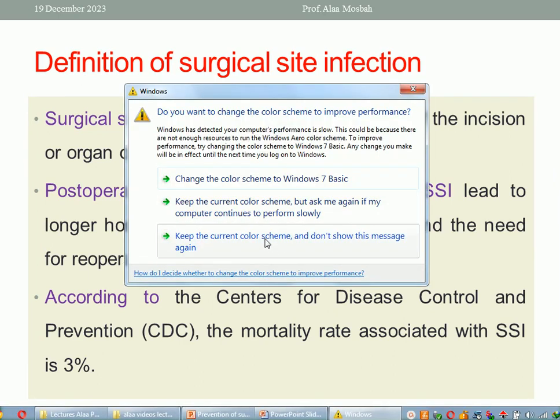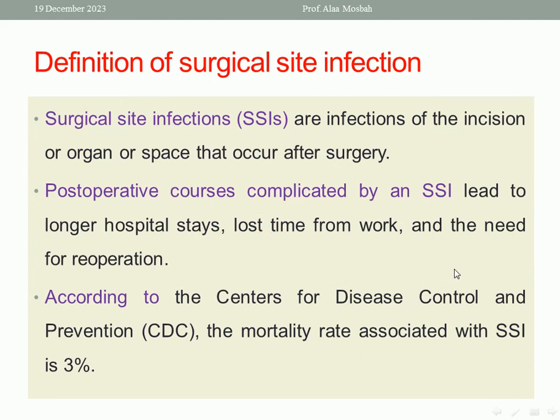Of course, a patient complicated with infection will stay in hospital for longer time, lose time from work, and there may be need for reoperation, and maybe other complications may happen.